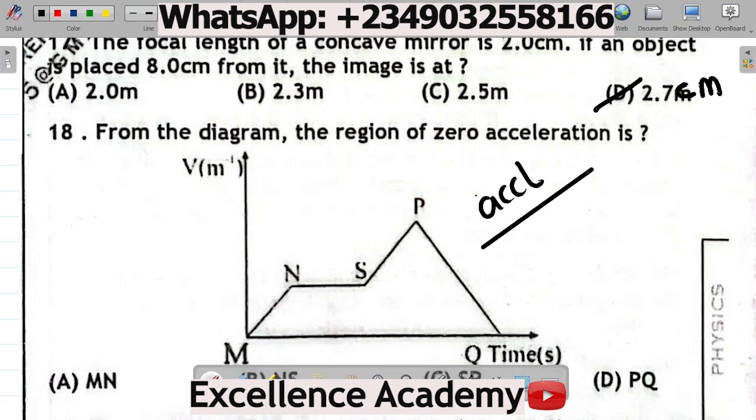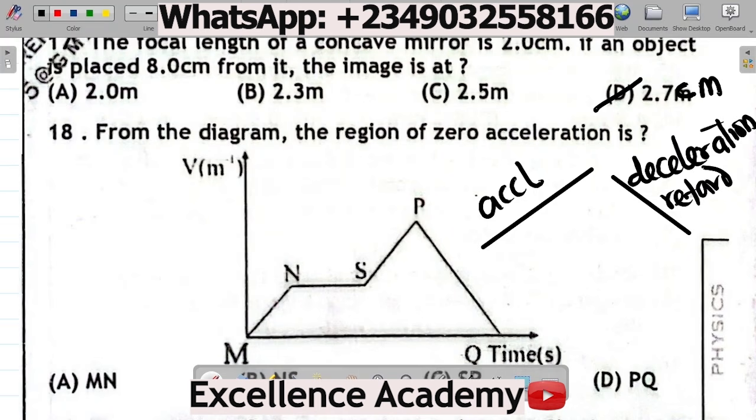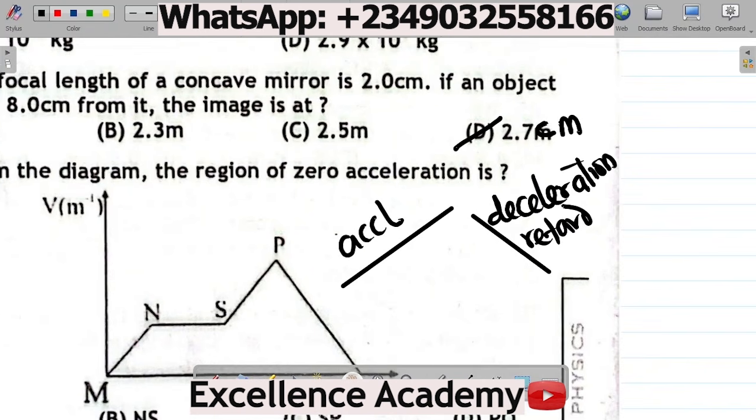Acceleration tilts from left to right upwards. Deceleration tilts from left to right downward. Let me draw it better. When you have this one here, this shows deceleration. Deceleration is also known as retardation. It also shows retardation.